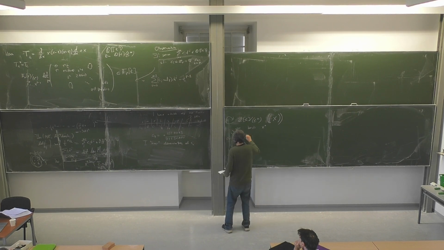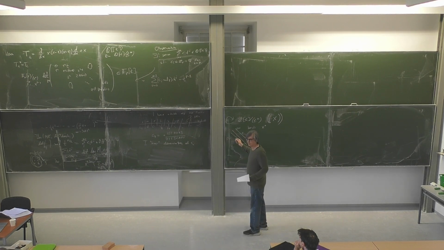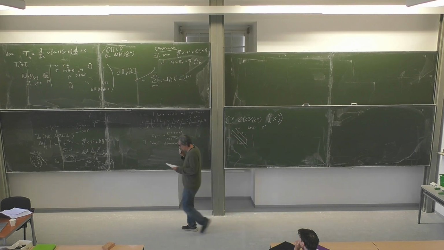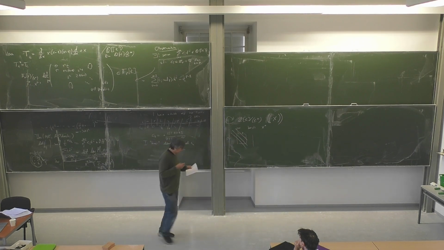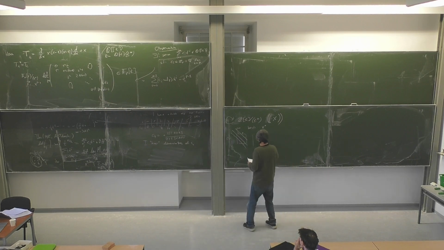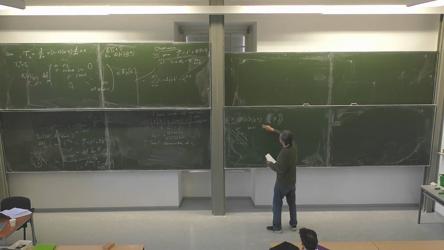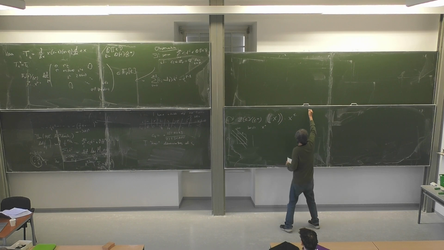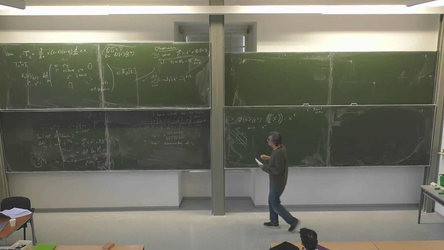And mod P, I just take a little minor of this matrix. But in general, I can make a minor. Now I can do the following. I can act on this, but also I can multiply by x to the power epsilon, where epsilon is a formal parameter. So what does it mean?